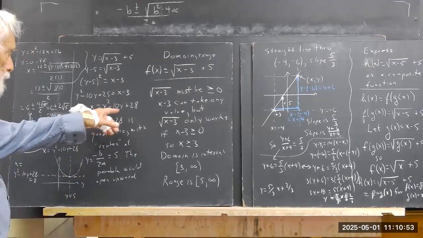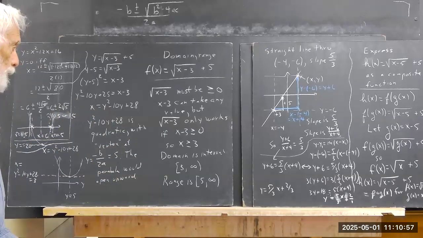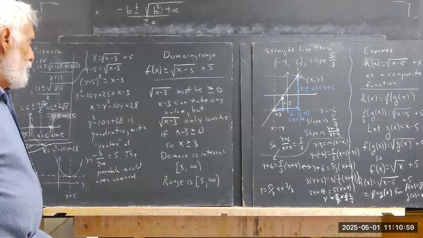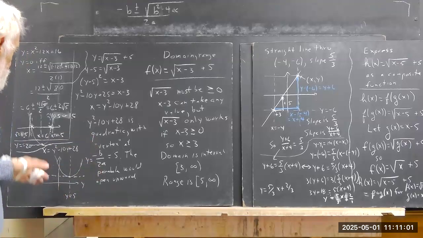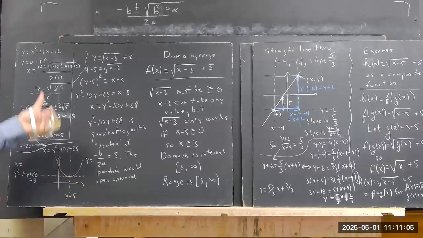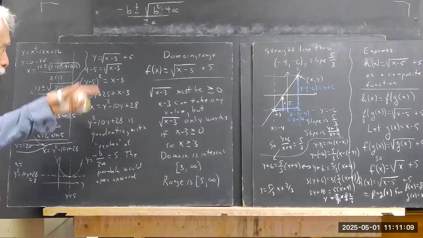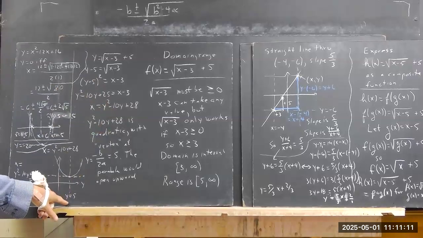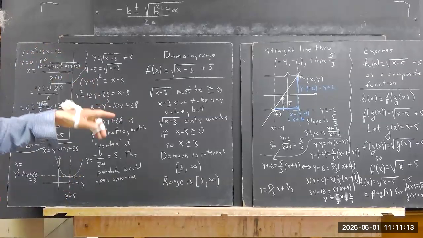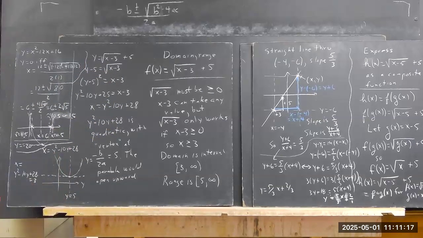Well, y squared minus 10y plus 28 is a quadratic function. If we were to graph x versus y here, the vertex would be at negative negative 10 over 2 times 1, or 5. The negative b over 2a would give us the vertex.